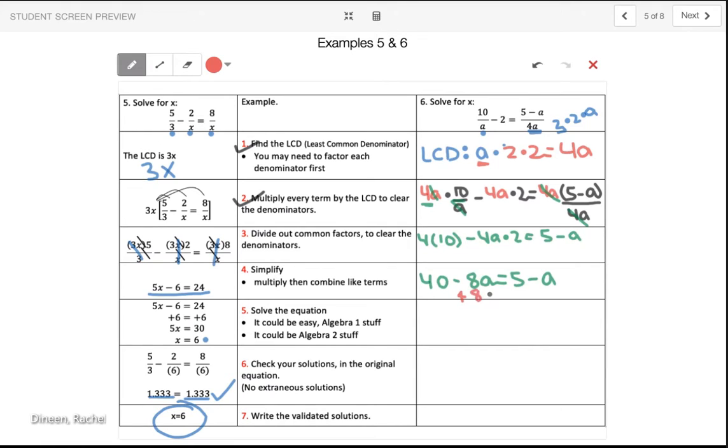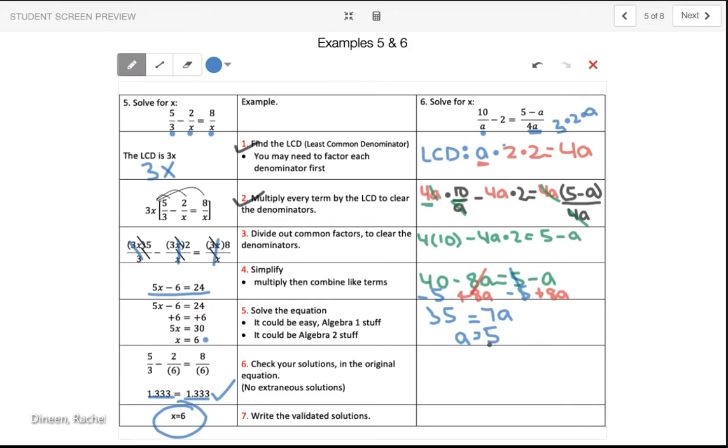So I'm going to add 8a to both sides. And that cancels out my 8a. And then I'm going to subtract 5 from both sides. So I have 35 equals 7a. I divide both sides by 7 and I get a equals 5.